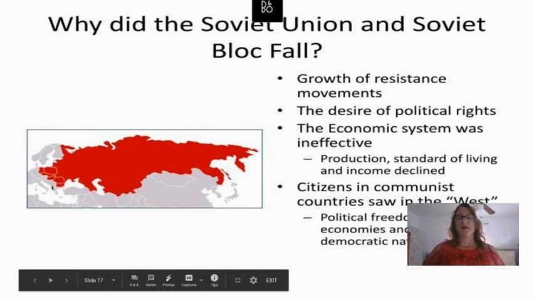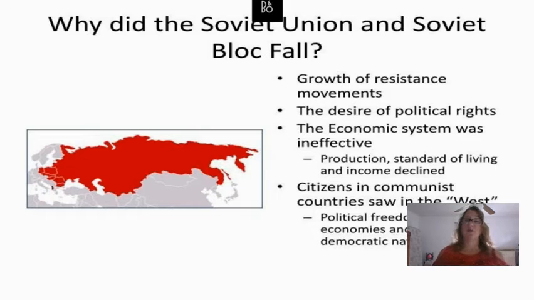All right, and then finally we have the collapse of the USSR, the Soviet Union. Why did it collapse? A lot of the people started to resist the Soviet Union. They wanted their own political rights. They wanted individual rights. The change in the economic system was ineffective.